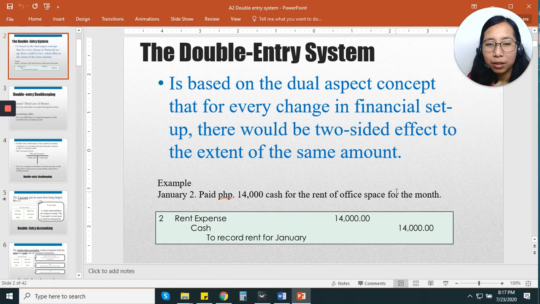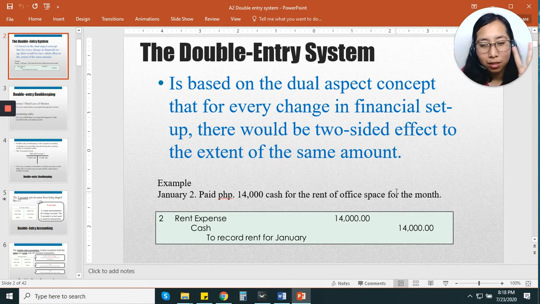If you analyze this transaction, the company paid cash. It means that there is a decrease in cash for the company, and the counterpart of that cash is a rent expense. In this example, rent expense is one aspect and cash is another aspect.